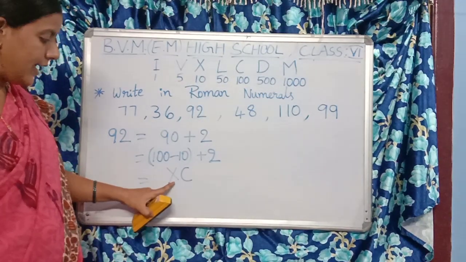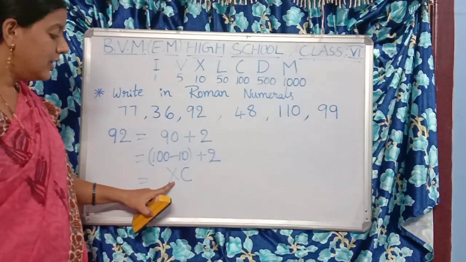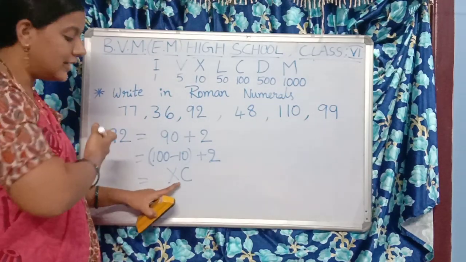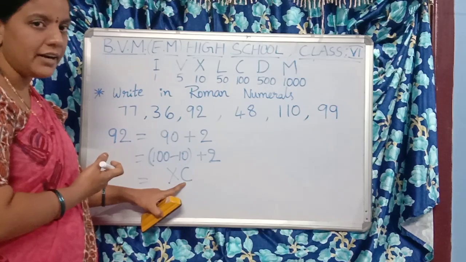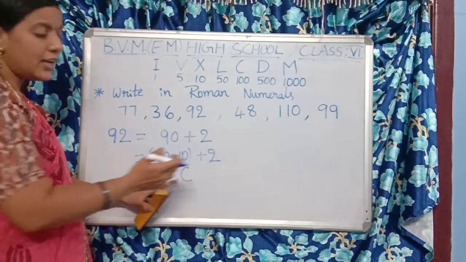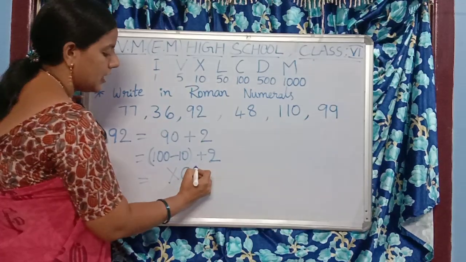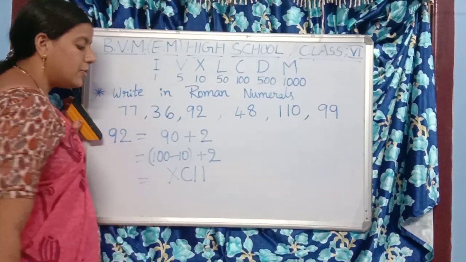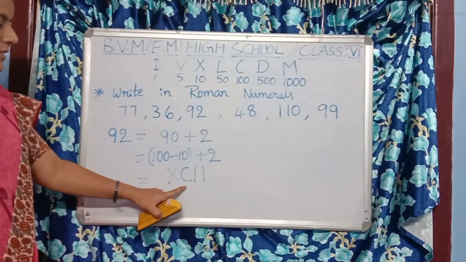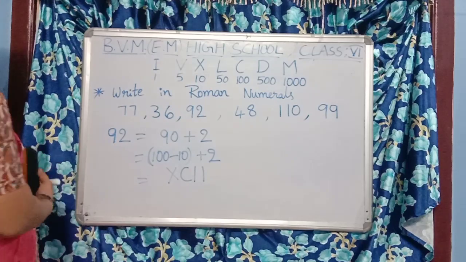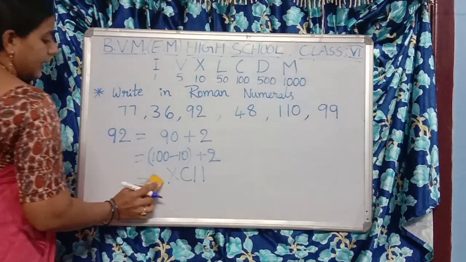If the X is written before, on the left side of the greater one, it should be subtracted. Yes or no? XC. Next, 2 means I. It should be added. XCII. Okay?